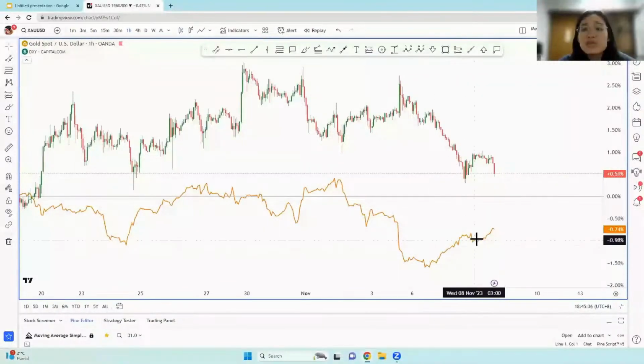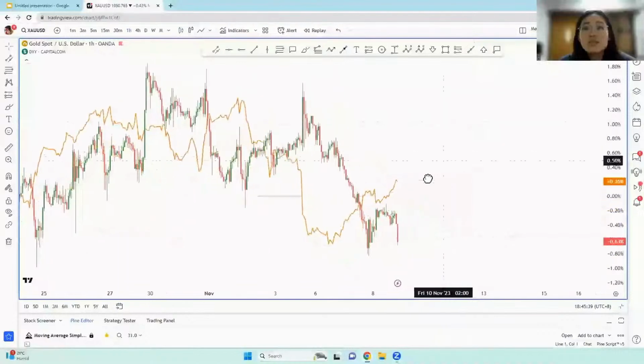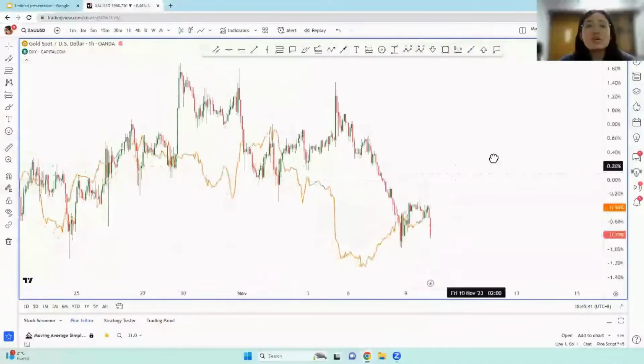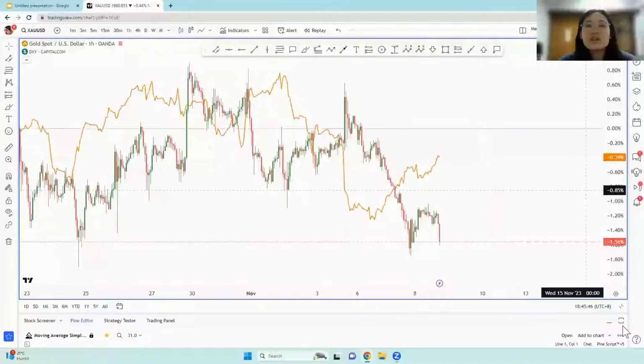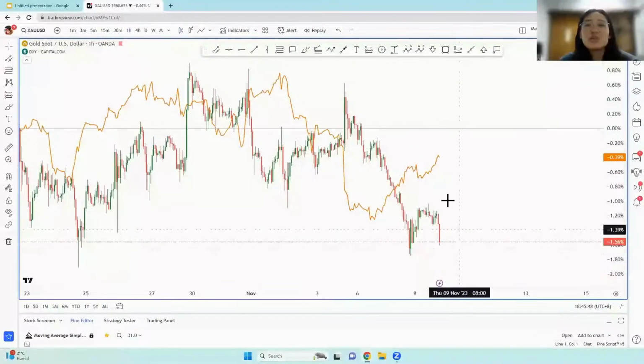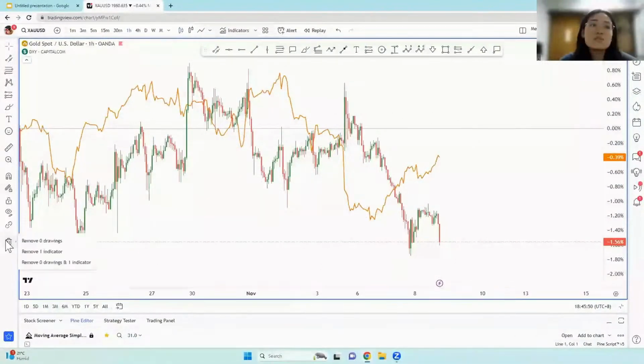So we see prices kind of increasing on our DXY, so we can expect the opposite on our gold. I'm not sure why it's bugging out on me right now. Okay, yeah, so you can see it's moving downwards, whereas DXY is moving upwards.